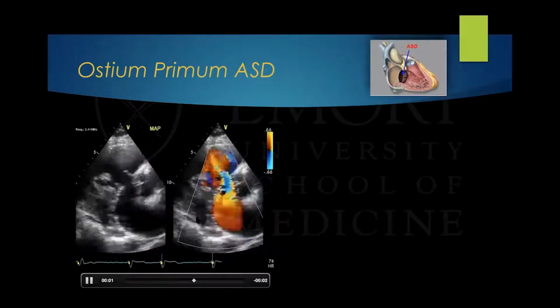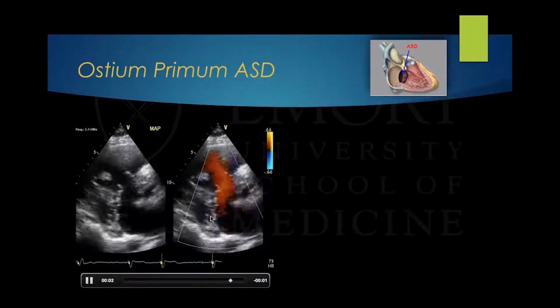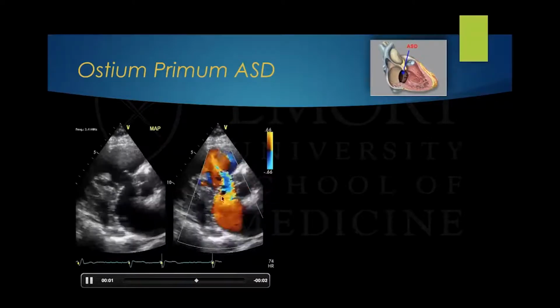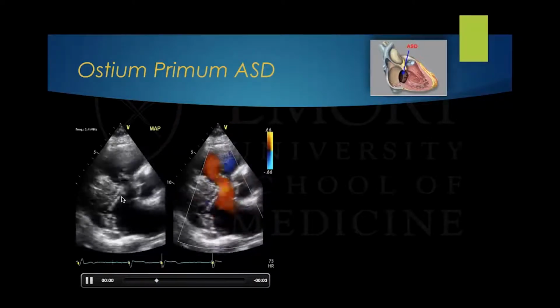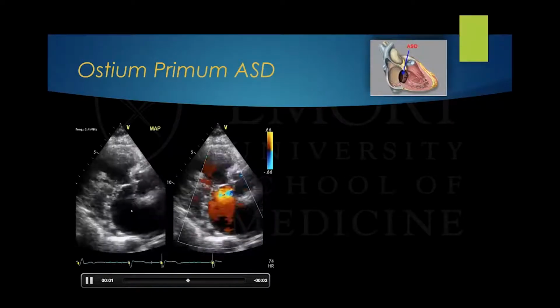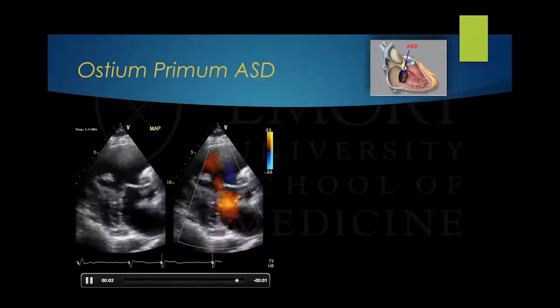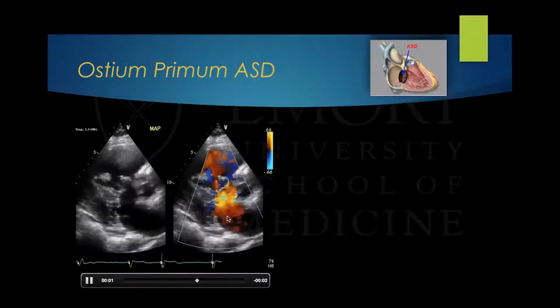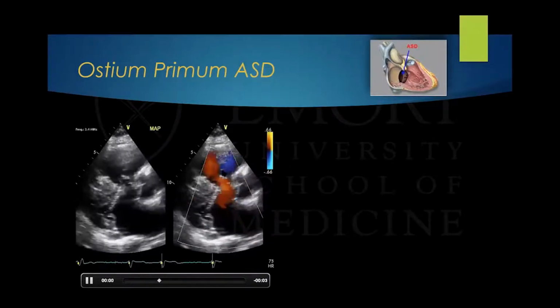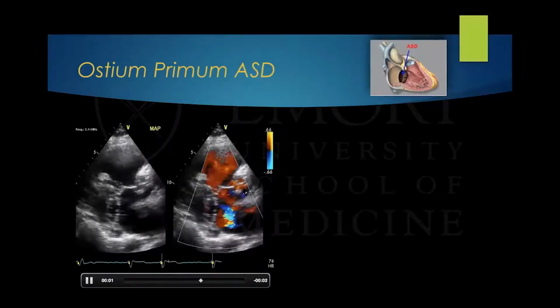As we tilt the probe over to the inflow view of the right ventricle, you can start appreciating that there is a defect along the primum septum, close to the AV valves. There's also a degree of mitral regurgitation seen here in blue, and the red flow showing a left to right shunting. The aortic valve is right here, and shows no AI.